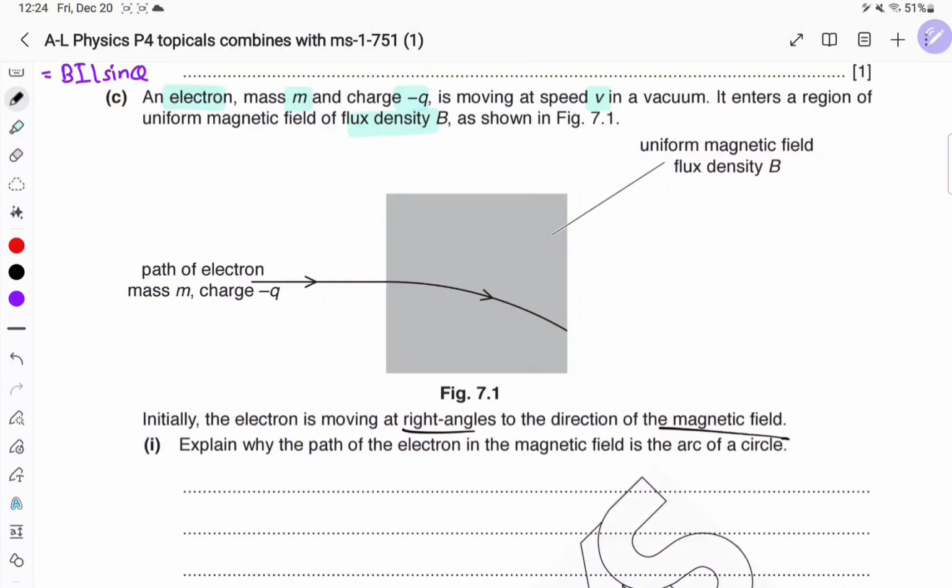Let's try to understand first whether the field is into the page or out of the page. Since the negative particle is going this way, the conventional current will be in the opposite way, and it is bending in this direction. So the force will be acting in this direction. Using Fleming's left hand rule, imagine it's on a table.